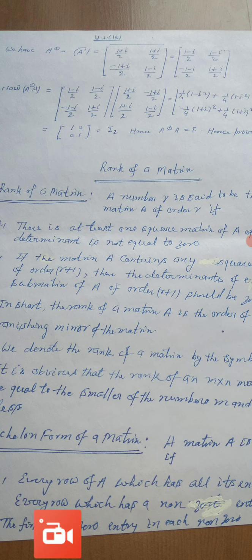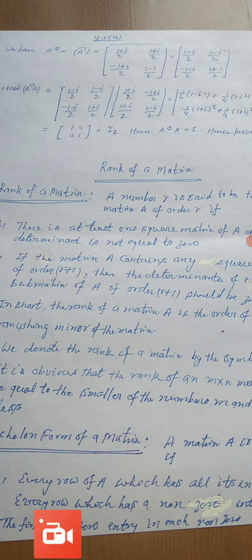A matrix A is said to be in echelon form if number 1, every row of matrix A which has all its entries 0 occurs below every row which has a non-zero entry.